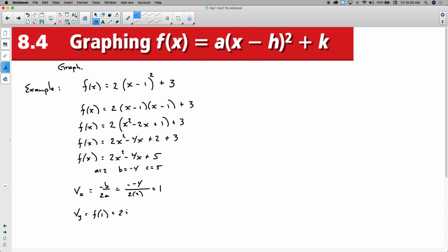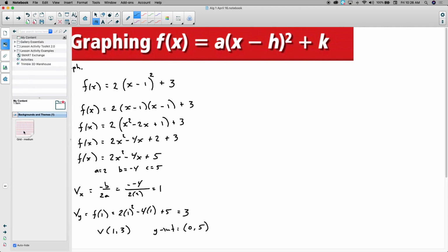So that's 2 times 1 squared minus 4 times 1 plus 5, and then that turns out to be 3. So the vertex is at 1, 3. And I'll write right next to it, I also know that the y-intercept is 0, comma 5. Okay, so let's graph it.